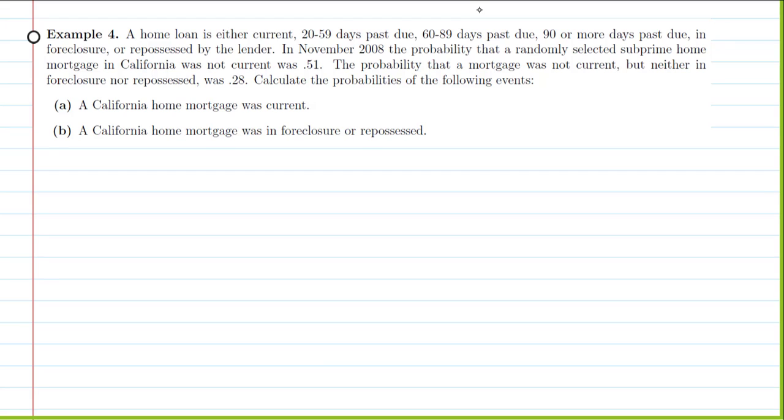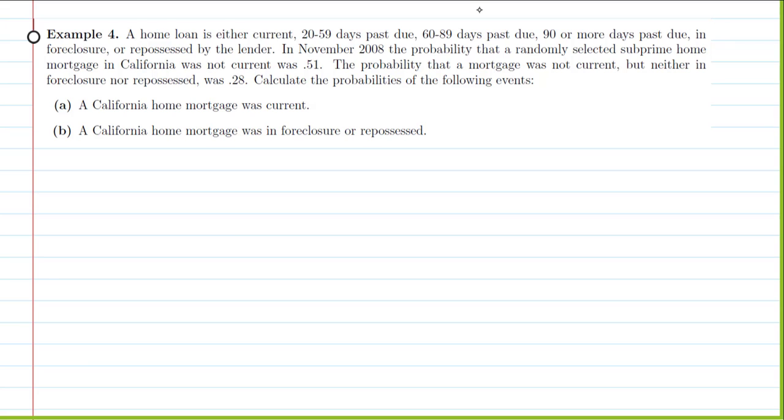In November 2008, the probability that a randomly selected subprime home mortgage in California was not current was 0.51 or 51%. The probability that a mortgage was not current, but neither in foreclosure nor repossessed, was 0.28. Calculate the probabilities of the following events.